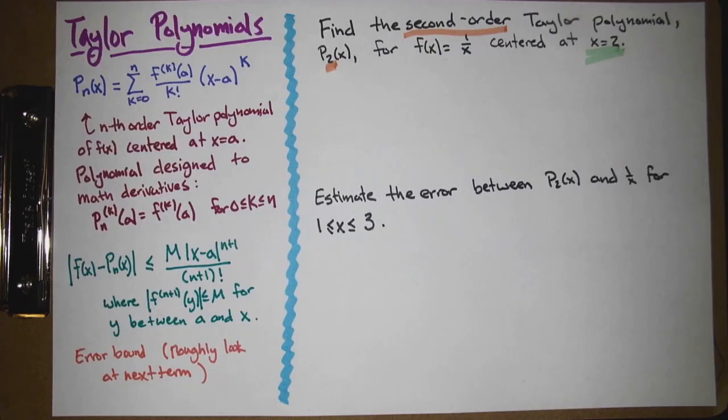So if we're after a Taylor polynomial, what we need to do is start gathering information about derivatives of our function. It's a second order Taylor polynomial. How many derivatives are we going to have to look at?